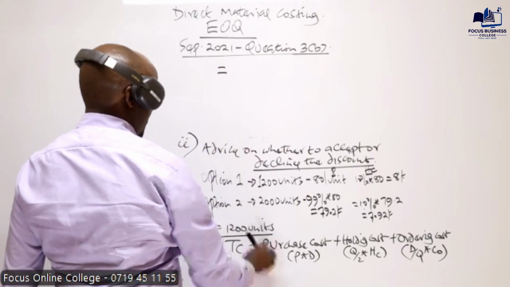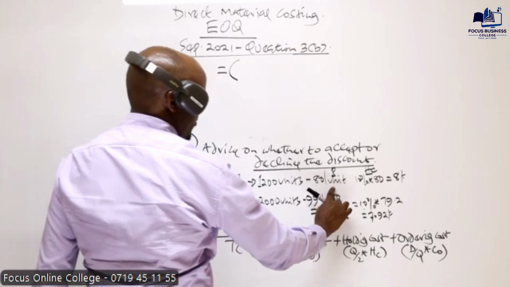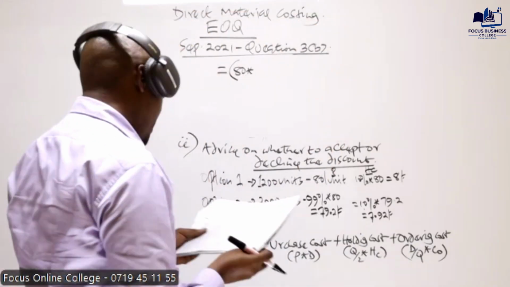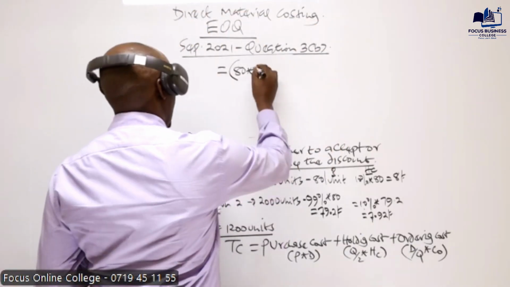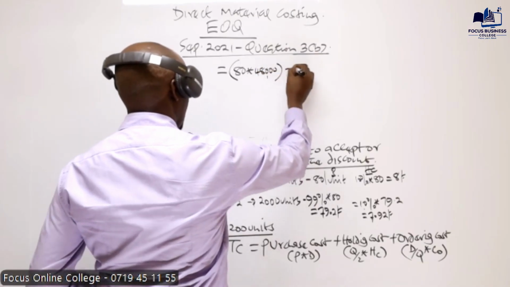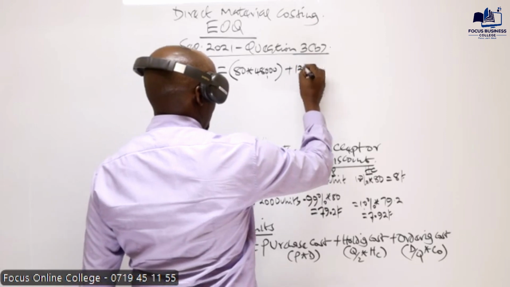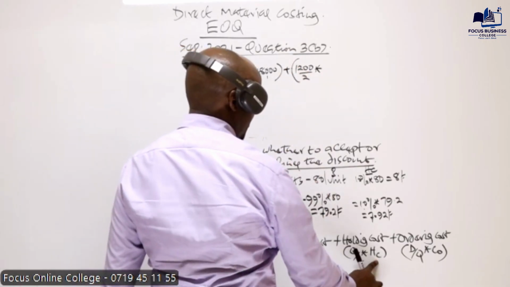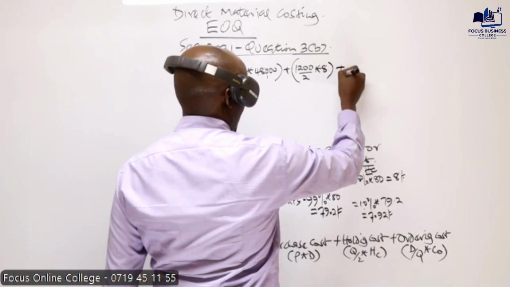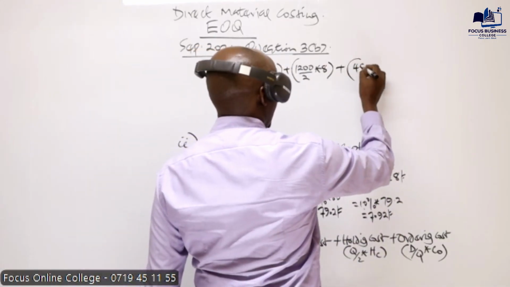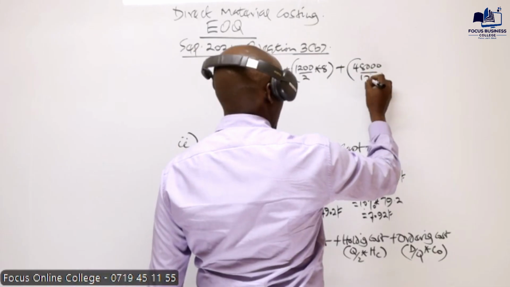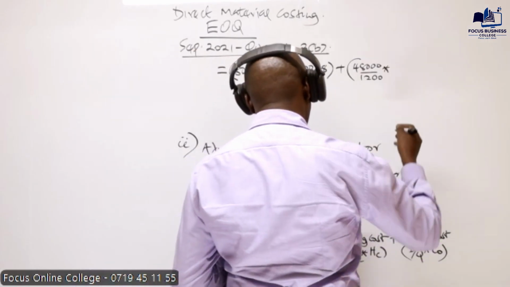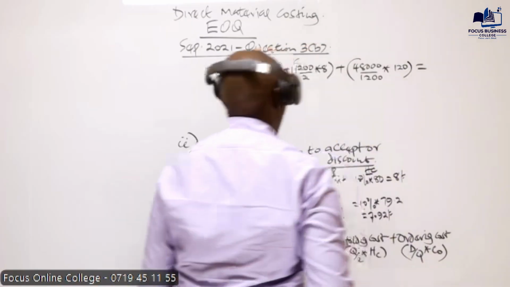The purchase cost is the purchase price, 80 shillings, times the annual demand, which is 48,000 units, plus the holding cost, Q, 1,200 divided by 2, times HC, which is 8 shillings, plus the ordering cost, annual demand 48,000 divided by Q, 1,200, times the ordering cost, which is 120.